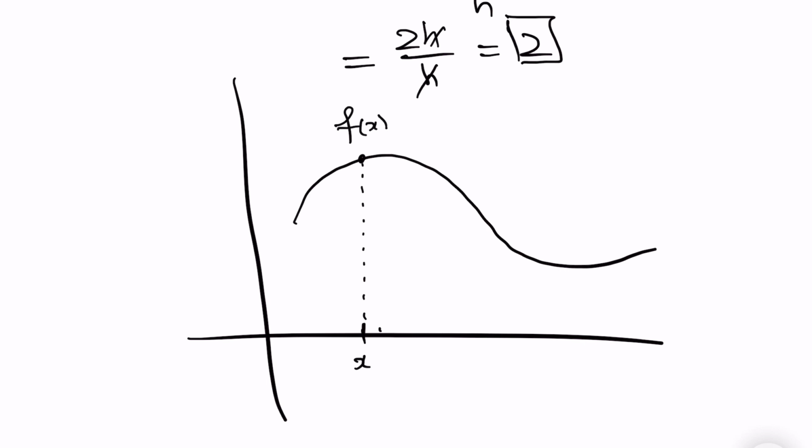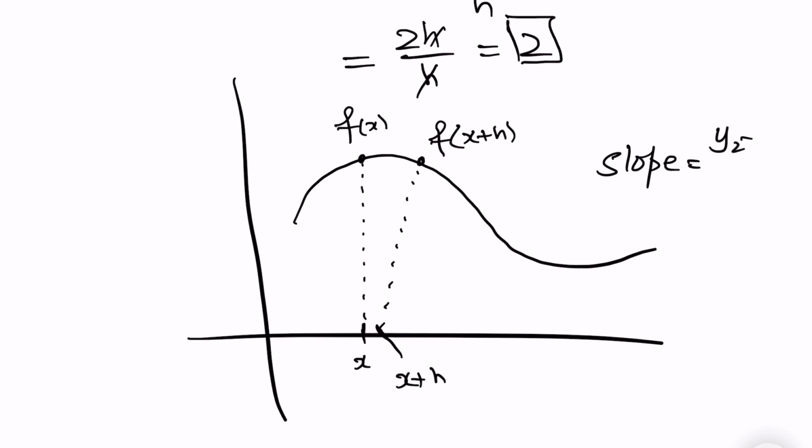So we say that there is a small change in x and we call it x plus h. Corresponding to x plus h, assume that this is f of x plus h. Now we know that our slope in general is y2 minus y1 divided by x2 minus x1.